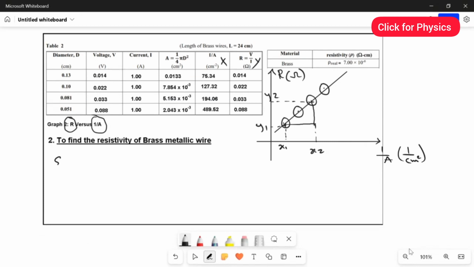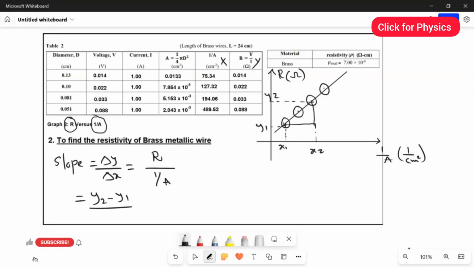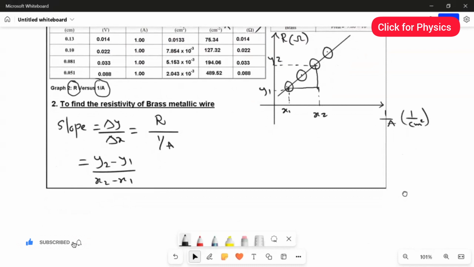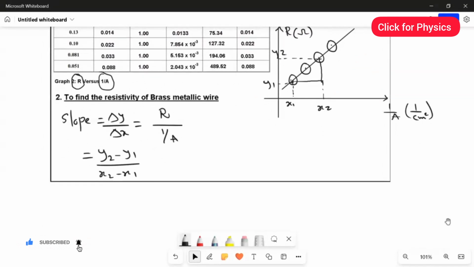Now we know the formula for the slope: delta y over delta x. On the y-axis we took the resistance value, and on the x-axis we took 1 over area. Delta y is y2 minus y1, and delta x is x2 minus x1. After we substitute the values of x1, x2, y1, y2, we will get the answer for the slope.